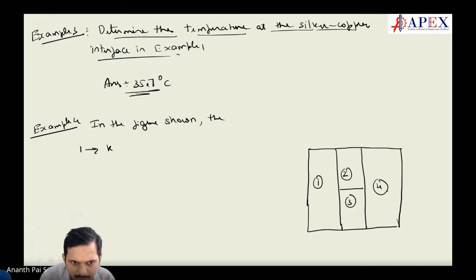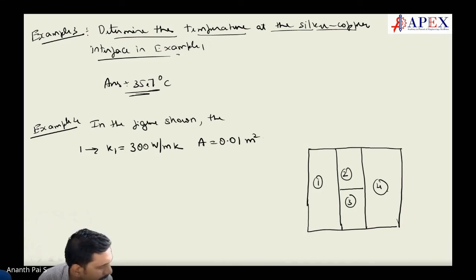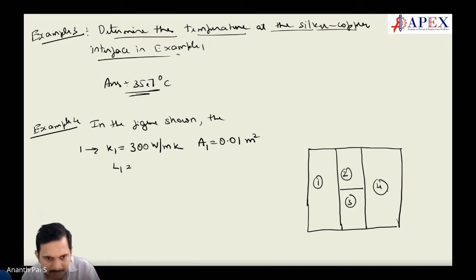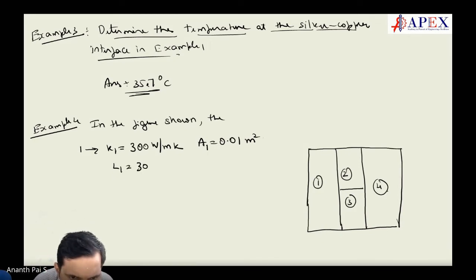K1 is equal to 300 watt per meter Kelvin. Area A1 is equal to 0.01 meter square, and L1 is equal to 30 centimeter.